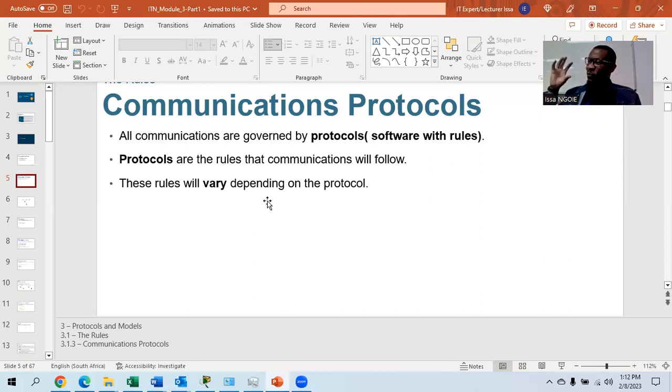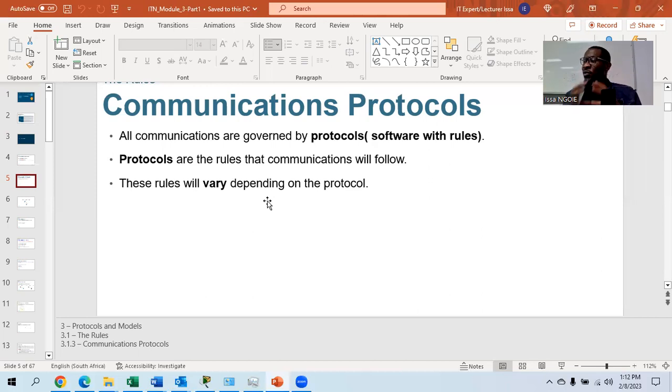Protocols are software with rules. That software knows how to make your devices talk, so your devices will have to follow those principles.